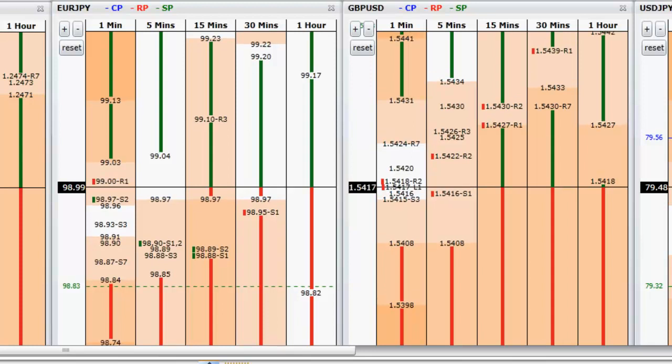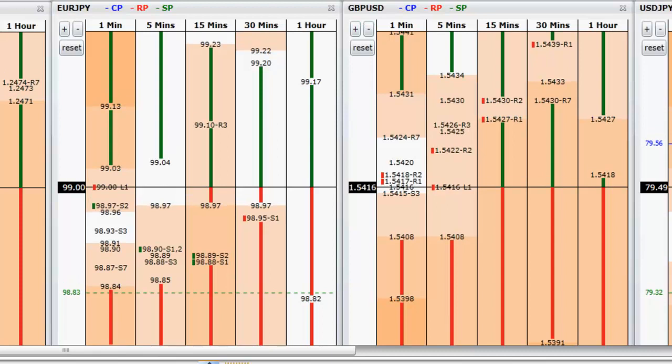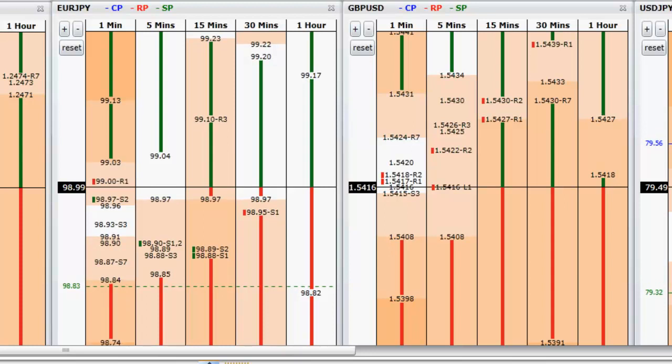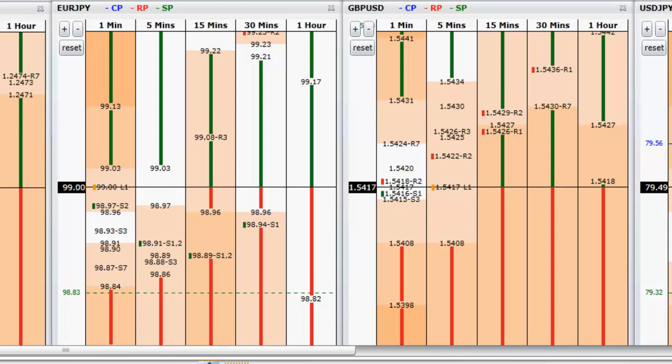But if you're expecting those big moves on Kiwi, you're not going to get it. Kiwi's actually very slow. I think it moves like a turtle, always respecting the trend lines and channels.